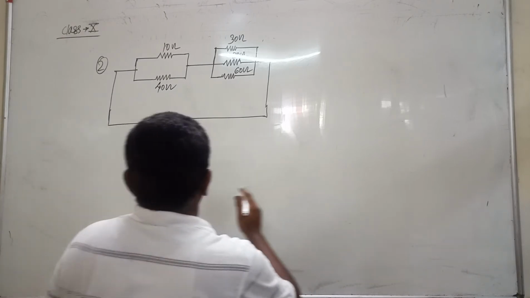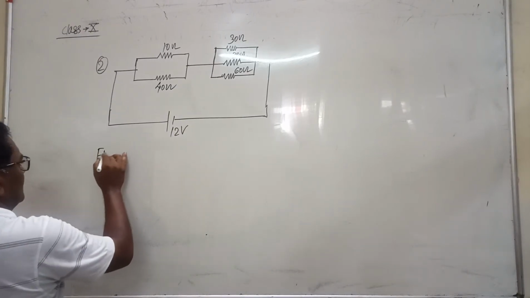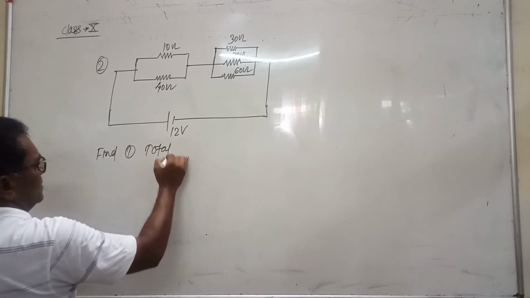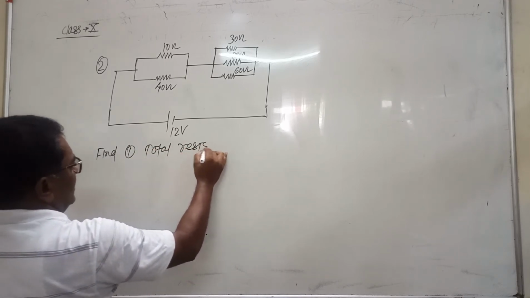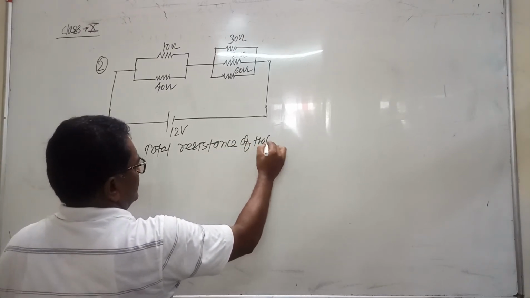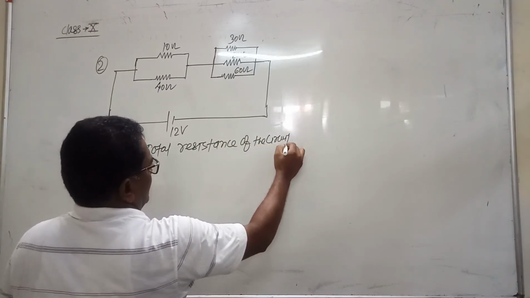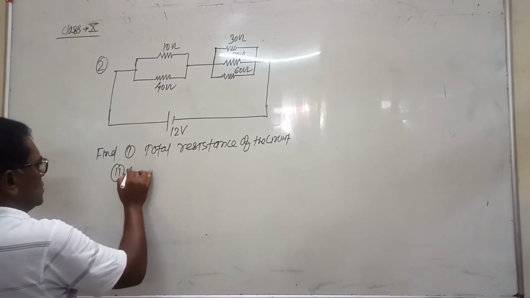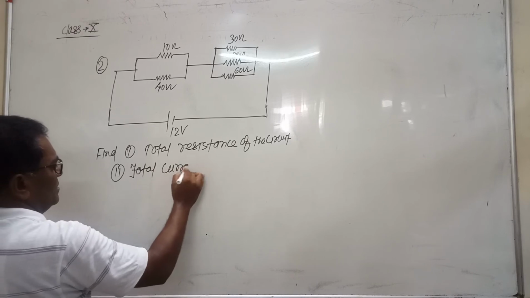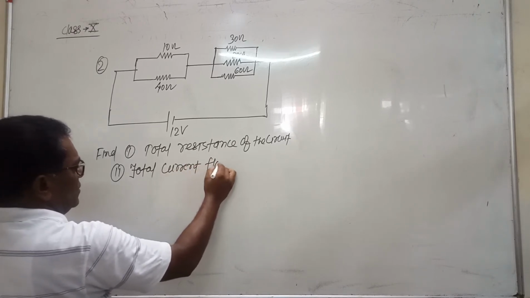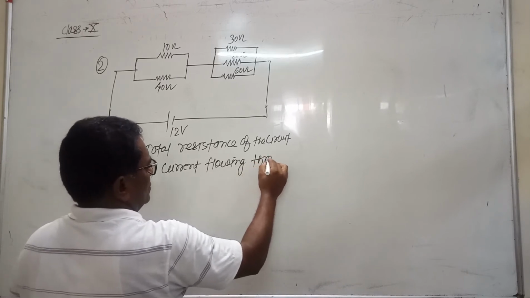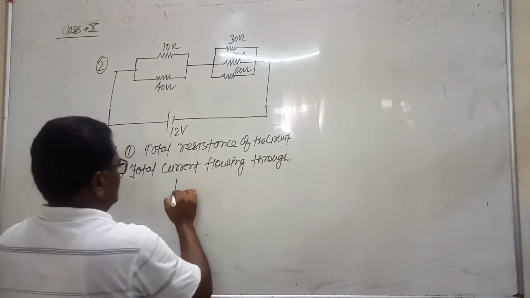Find the total resistance of the circuit, and second, the total current flowing through the circuit.